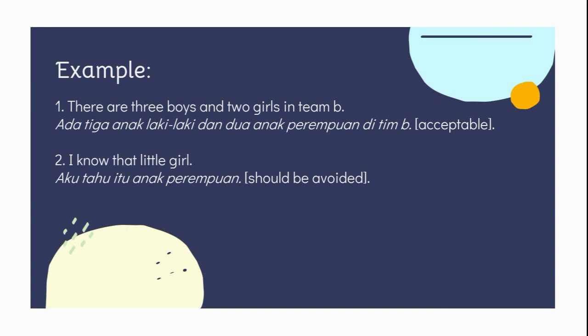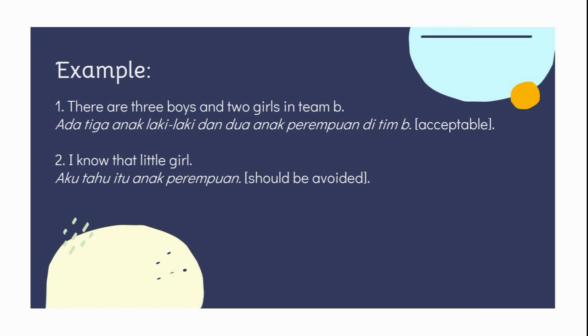Example: first, the source language is there are 3 boys and 2 girls in Team B. The target language is ada 3 anak laki-laki dan 2 anak perempuan di tim B. From this example, we can conclude that this word-for-word translation is acceptable and it can be perfectly applied because the structural language of the source language and the target language are similar.